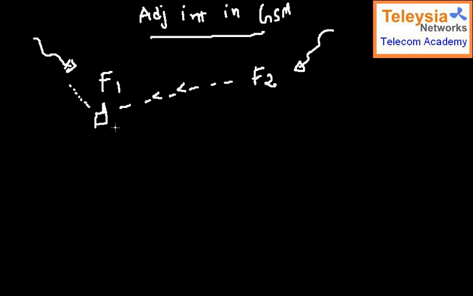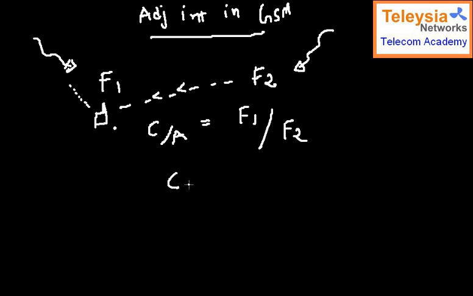In this location, when we say adjacent channel, that is C by A, the carrier divided by adjacent channel. Let's say F1 is my carrier and F2 is my adjacent channel.